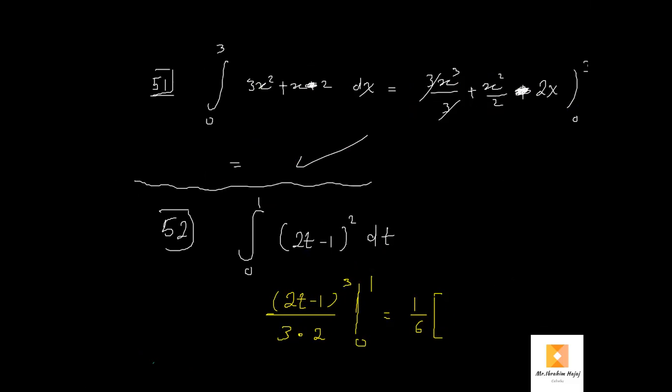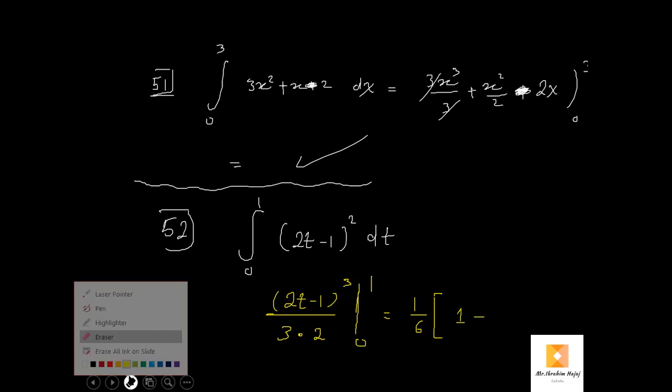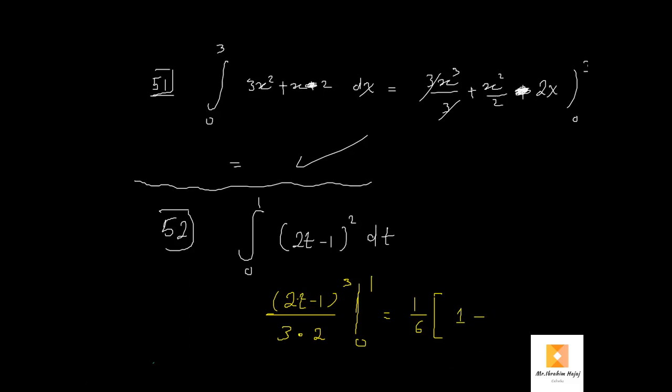When it's 1, it's 2 minus 1, which is 1, 1 to the power of 3 is 1, minus when it's 0 gives negative 1. When t is 0, we have negative 1 to the power of 3, which is negative 1, times negative gives positive 1, so your answer is 2 over 6, which is 1/3. Mister, a question: when it's 0, it should give negative 1 over 6, because of the cube, with the 1 over 6 outside.